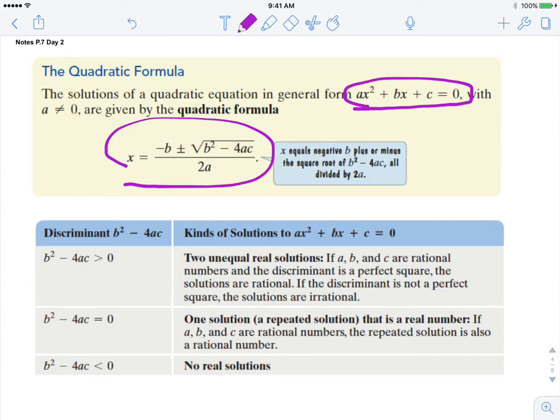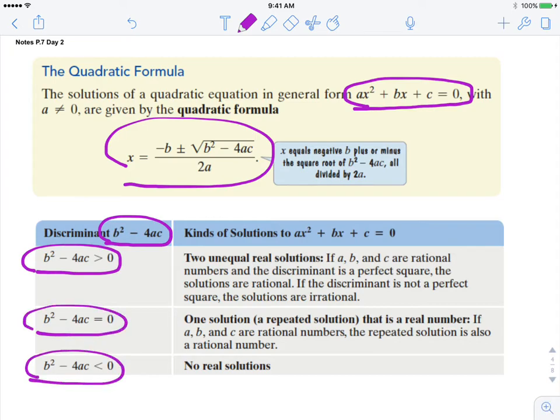We do need to identify the discriminant and what that could cause if it is a positive, a 0, or a negative. So the first situation, if it's a positive discriminant, you're going to have two unequal real solutions.